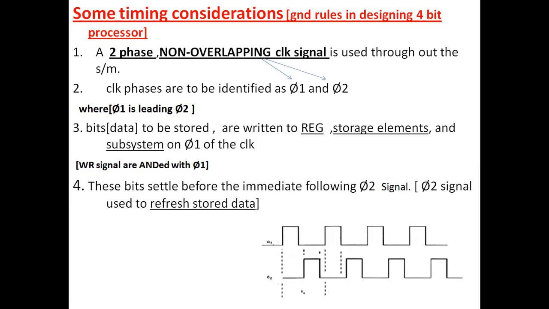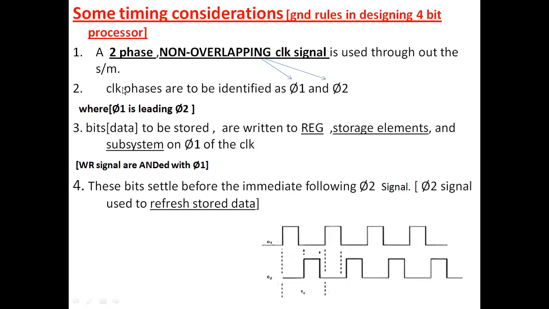But if I am designing a sequential circuit, I will need a clock. Some systems may use a clock and some may not, but for all sequential designs the clock input signal is a must. In this case, you can use a two-phase non-overlapping clock signal throughout the system, referred to as phi1 and phi2.